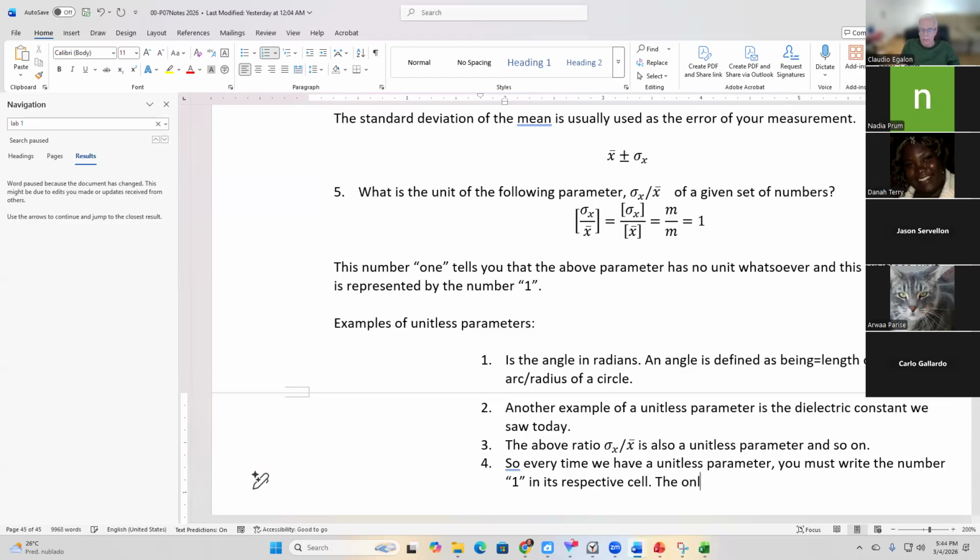The only exception to this rule is going to be when an angle is measured in radians. Then you write rad for radian.